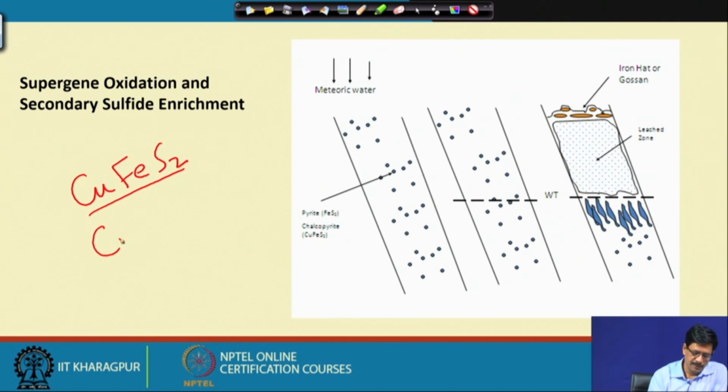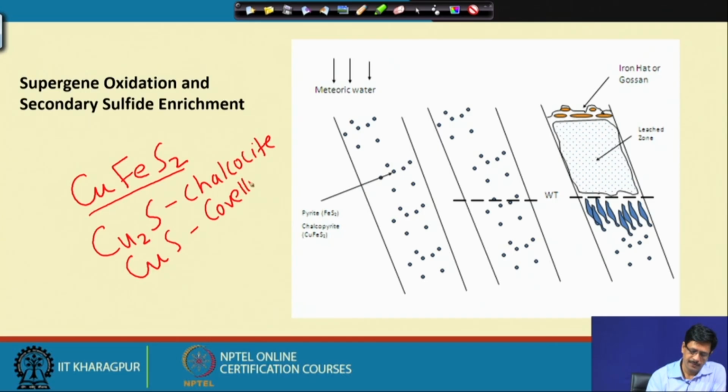Minerals like Cu2S, that is chalcocite, and CuS, like covellite.